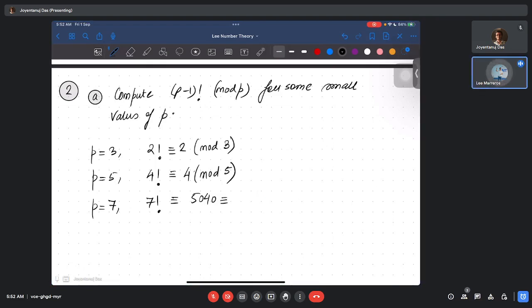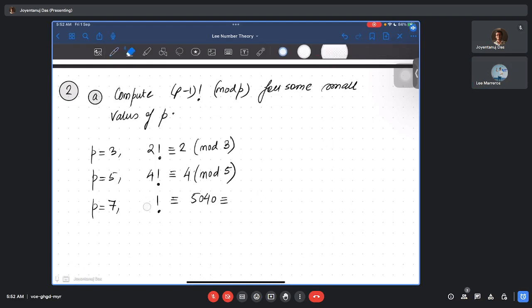If p is 7, then the factorial would be 6 factorial, sorry. So 6 factorial is 720. And 720 in modulo 7 is 6 again, right?